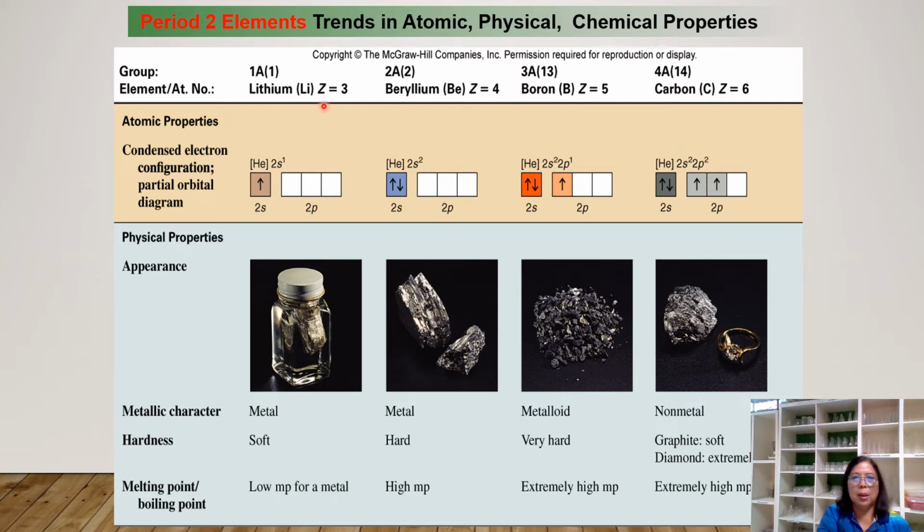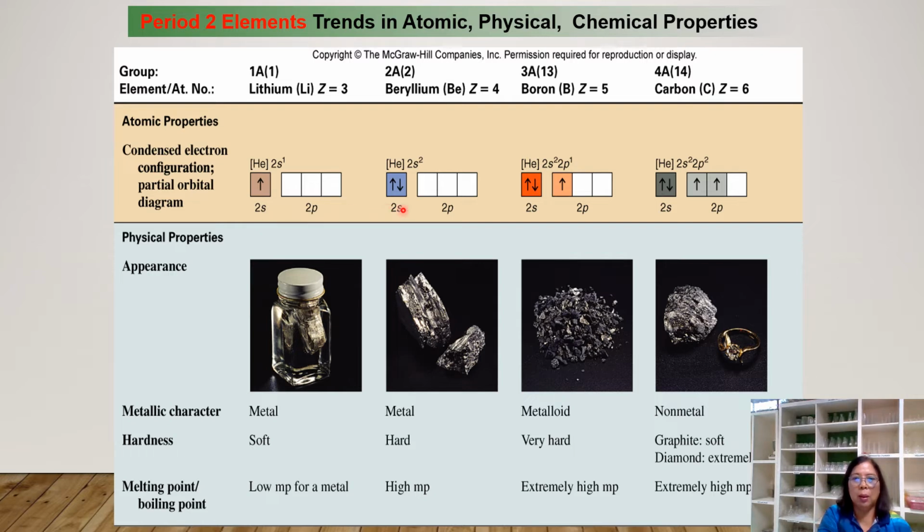Okay, so they are arranged in the periodic table based on atomic number, starting with lithium with atomic number 3, and then 4 for beryllium, 5 for boron, and 6 for carbon. Hence, if we're going to spread their electron configuration, this is how it looks like.